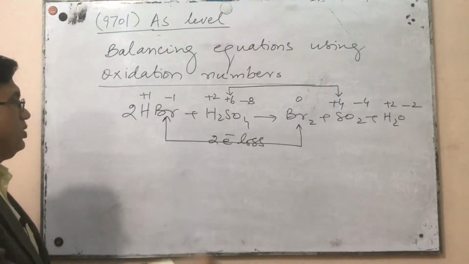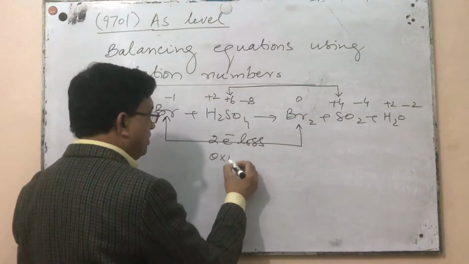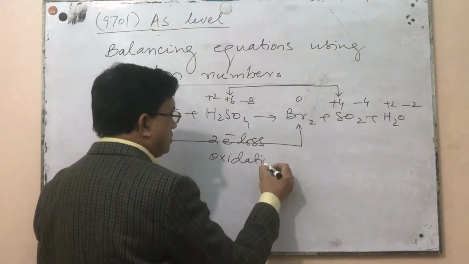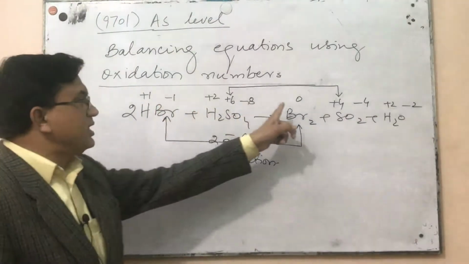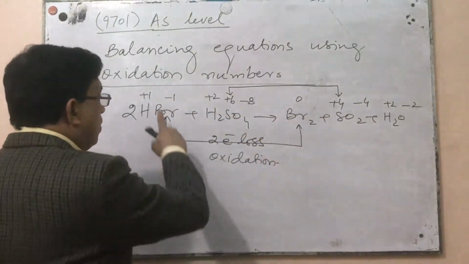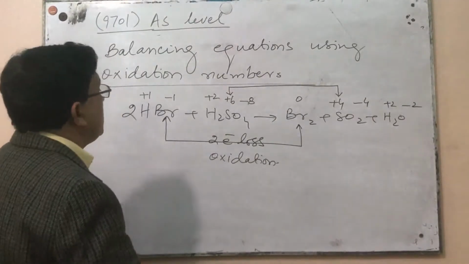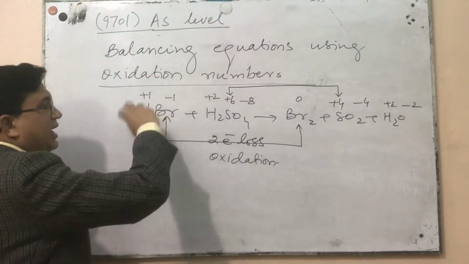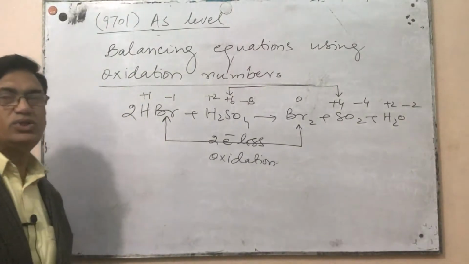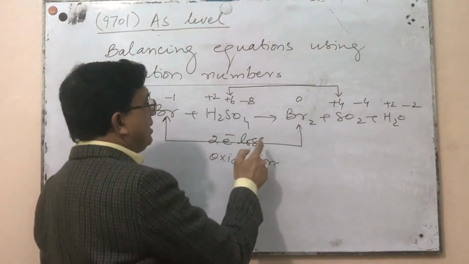This is the oxidation process. As the oxidation state is increasing, it means that oxidation of bromide ion is taking place. It means that this HBr as a whole is acting as a reducing agent.